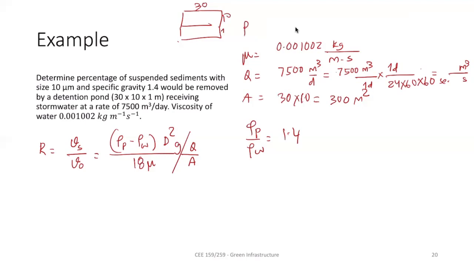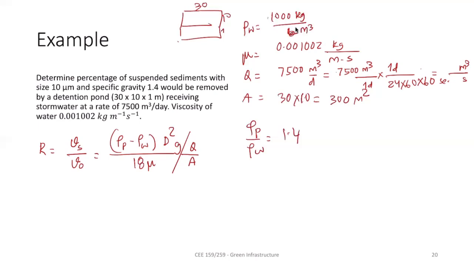Water density, if you write it in terms of kilograms, is 1,000 kilogram per meter cube. I'm sorry, not liter, meter cube.